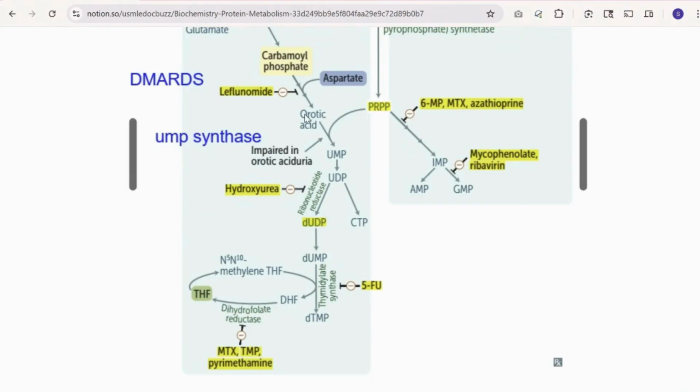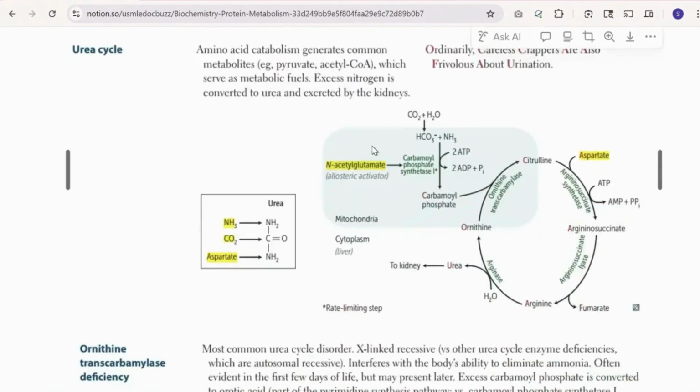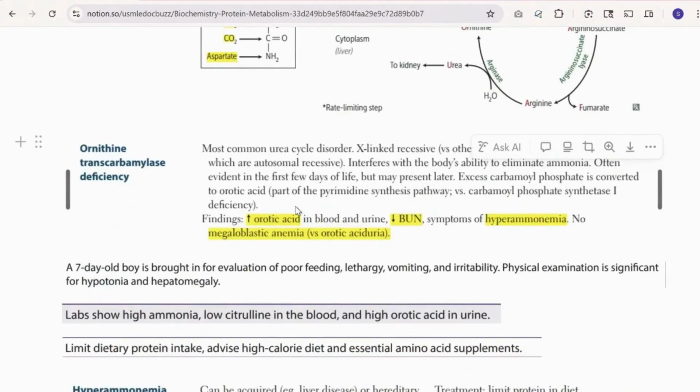So if someone comes to you with megaloblastic anemia, right? They have no signs of vitamin B12 deficiency, no signs of folate deficiencies. They're not on any drugs or they don't have any autoimmune condition that can cause vitamin B12 deficiency. Think about this. Okay. So that is the difference between orotic aciduria and OTC deficiency. I hope that makes sense.